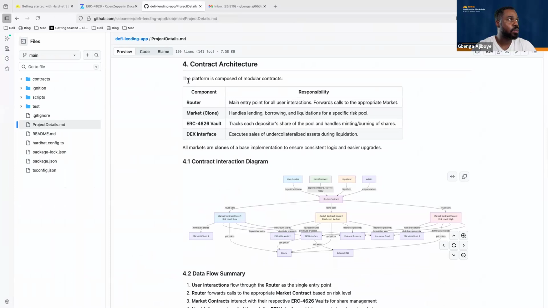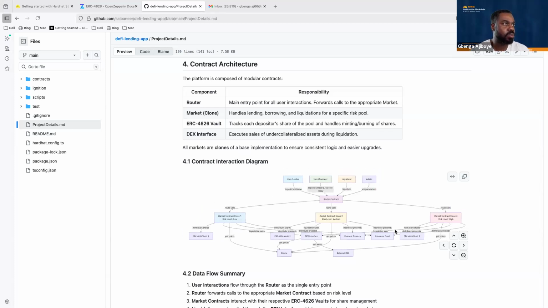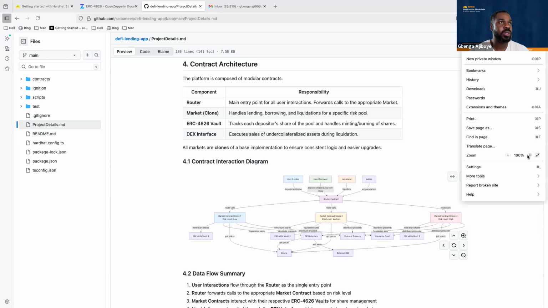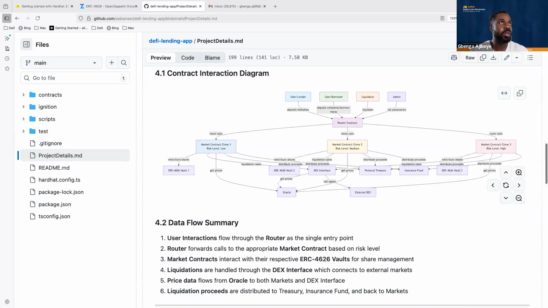So the contract architecture, I hope I can zoom in this thing. Okay, let's look at it. Let me, boom. Can I zoom in? Okay, first of all, let's get this popping. Let's blow it up. All right.